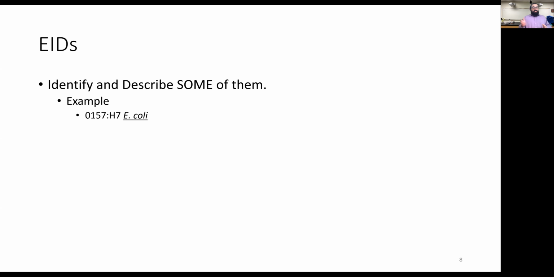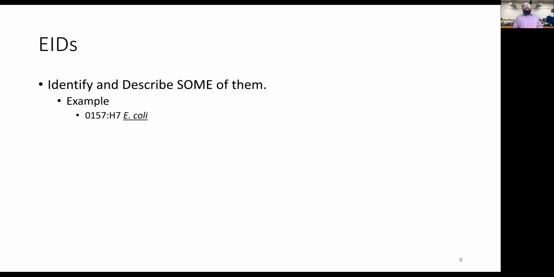Notice that I'm italicizing it and underlining it. That's one of those properties you want to know, right? This one pops up two to three times per year everywhere in the world, causing massive little outbreaks of diarrhea, typically at something like McDonald's level of food. And so that is part of these examples of EIDs.